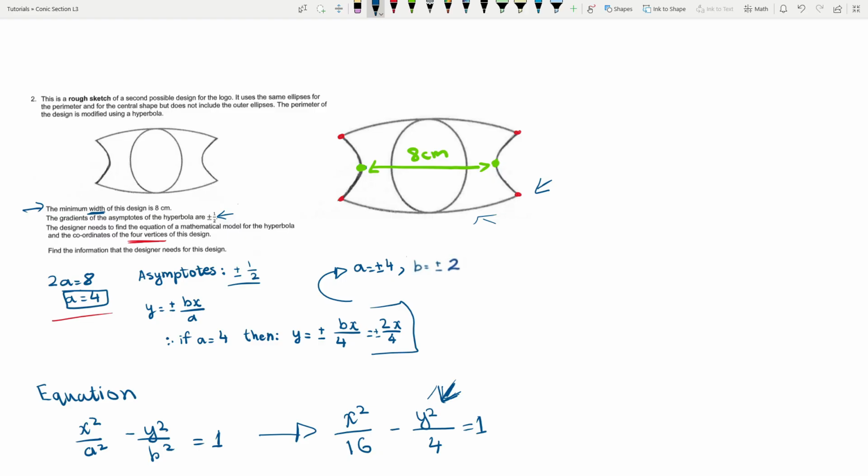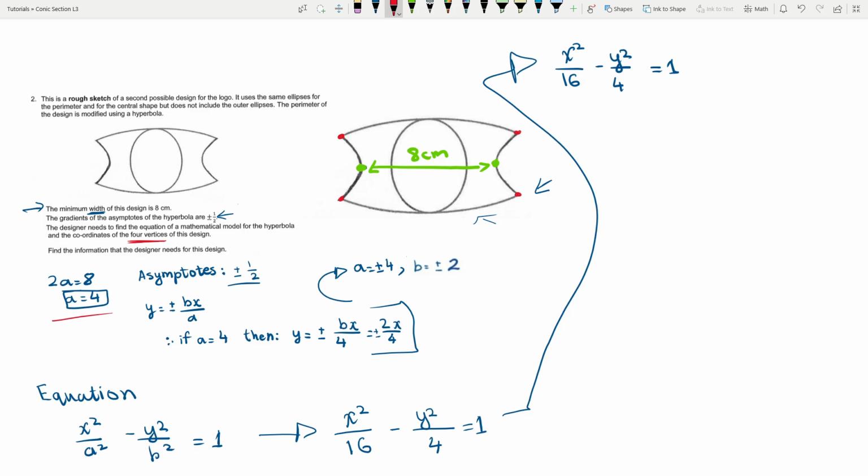So what we can do is make the denominators on this side the same. We multiply this by 4, multiply this by 4. This should give us x squared over 16 minus 4y squared over 16 equals 1.